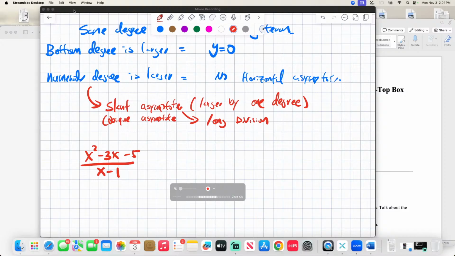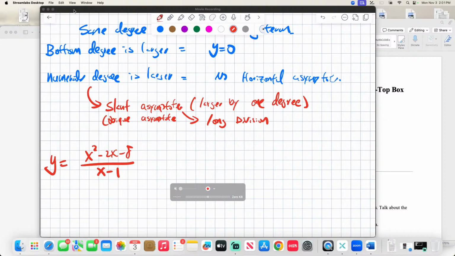Actually, hold on a second. Let me do a different one. Let me do minus 2x minus 8 because we did that one earlier. So this will be a good one to do. x squared minus 2x minus 8 over x minus 1.